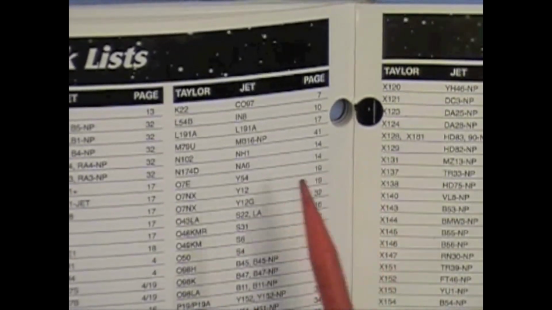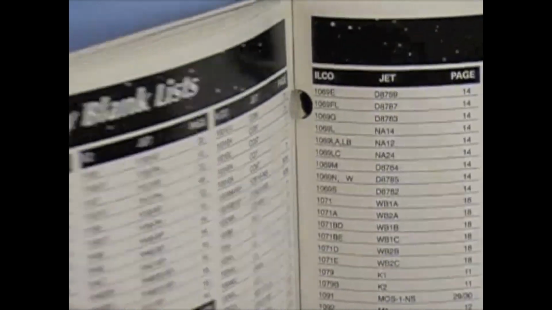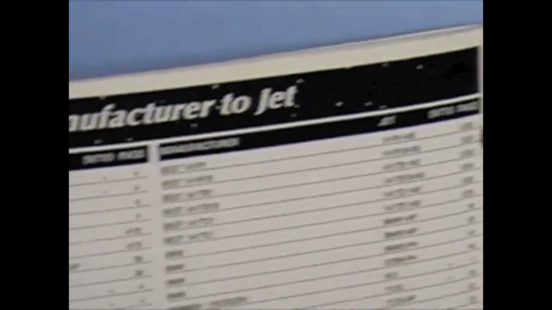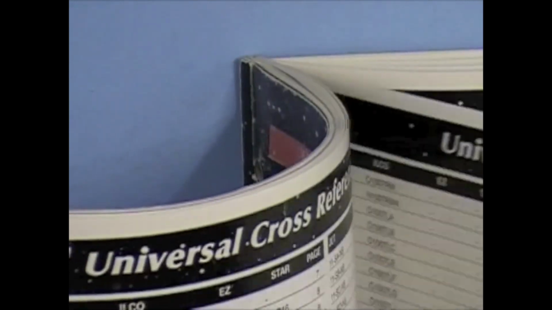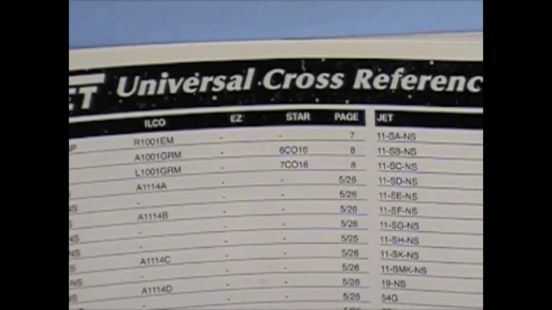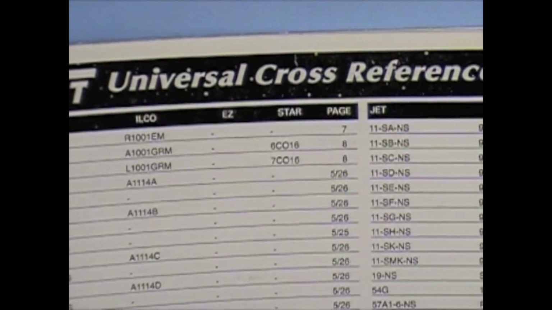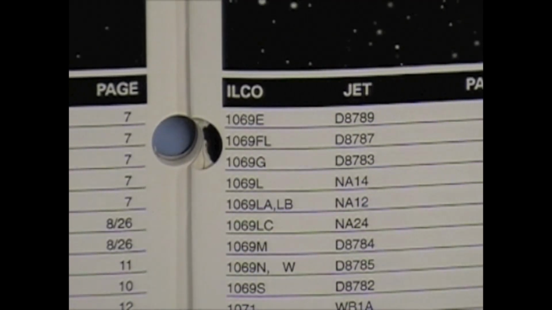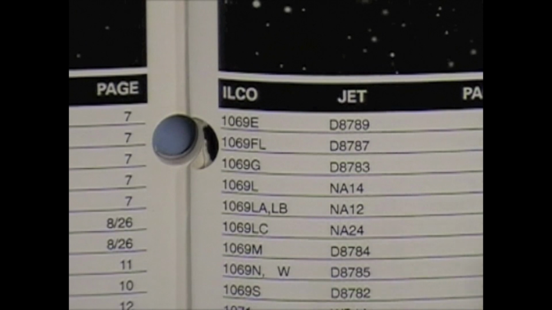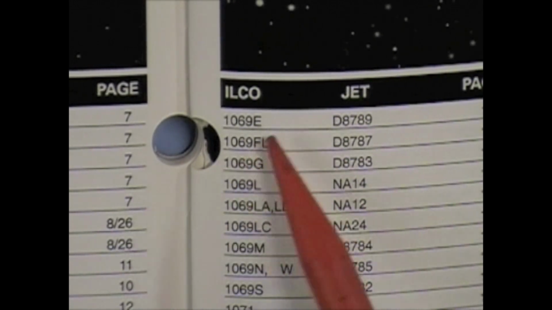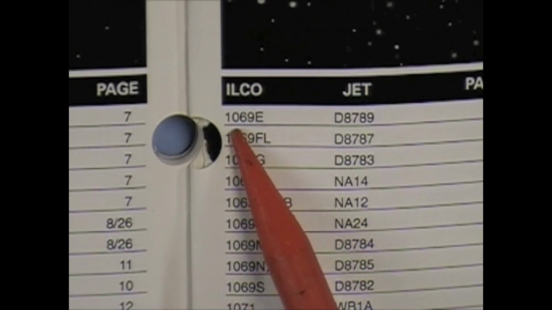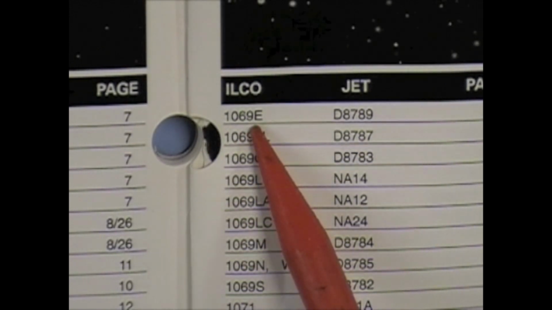You could use the specific key blank manufacturer, you could use the manufacturer's number if you have it, or you may just go straight to the universal cross-reference. Now it's pretty straightforward to use the cross-references, but I'll do one example. Say somebody brings in a key blank and it has the number 1069E on it.